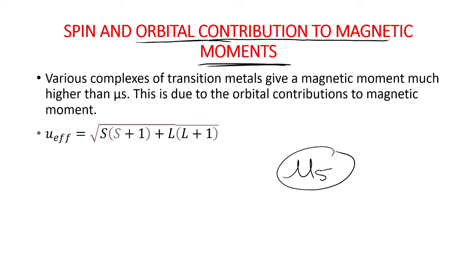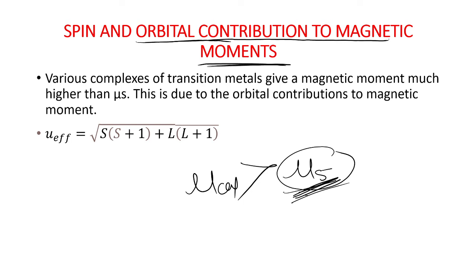But for various complexes of transition metals, the magnetic moment is much higher than μs. If we calculate μs, and for some complexes the μ we calculate experimentally is greater than μs, this is due to some contribution of the orbital magnetic moment. So if we calculate μ effective, there is a combined contribution of the spin and orbital magnetic moment.